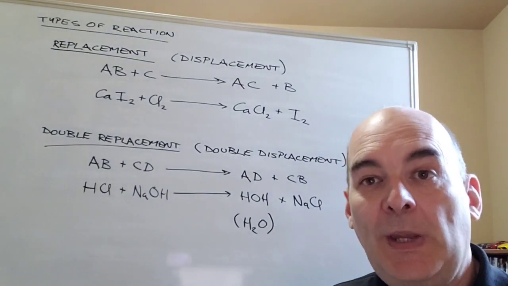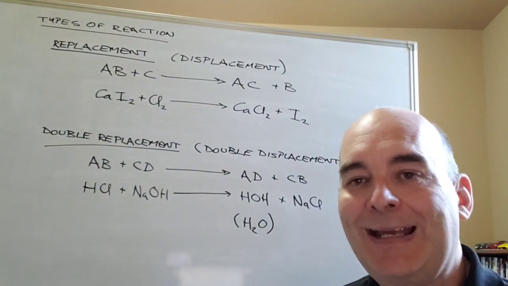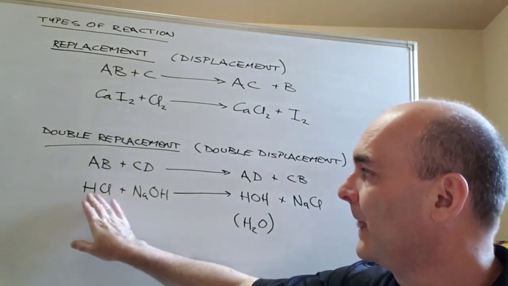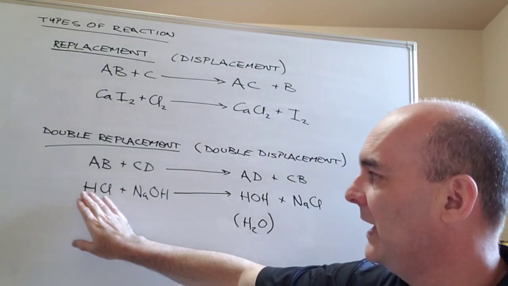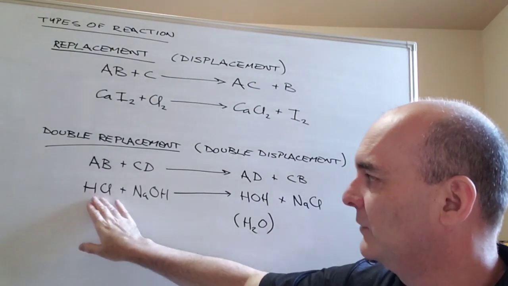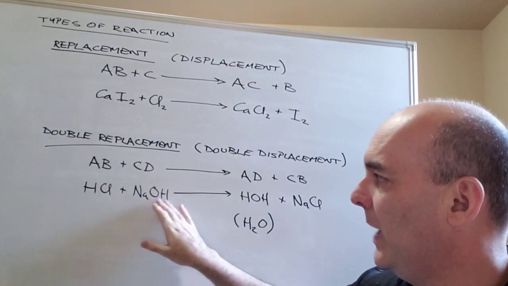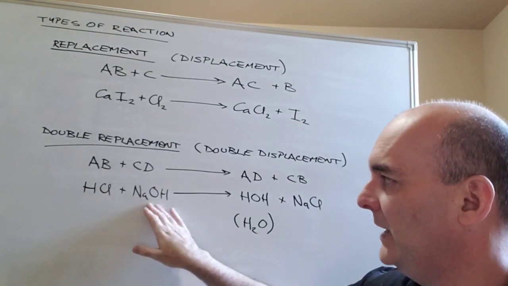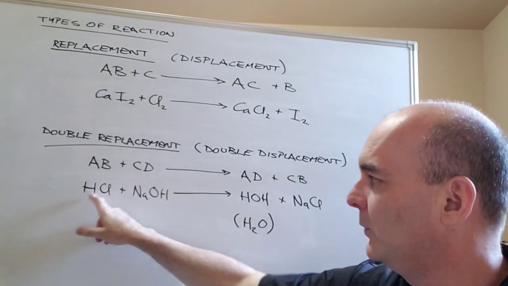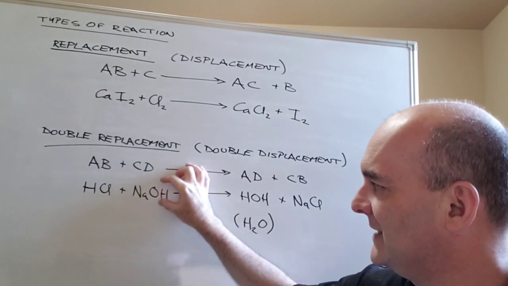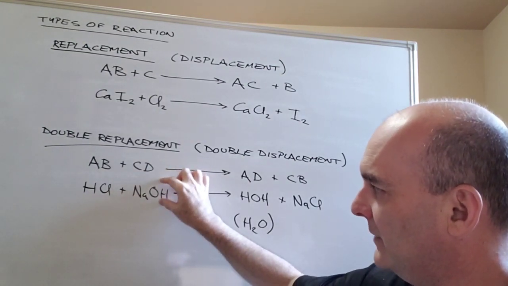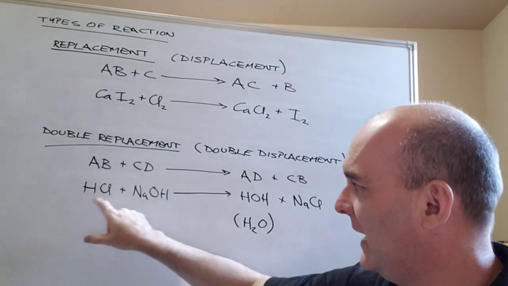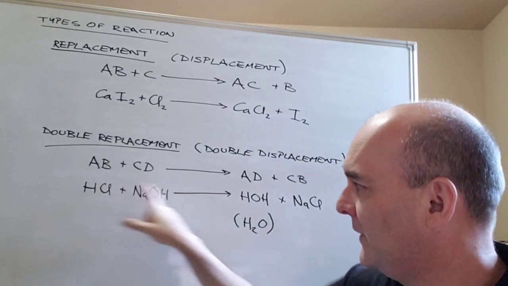This is the basis of all of acid-base chemistry and is going to turn out to be fairly important. So this little molecule here, HCl, is hydrochloric acid, and NaOH is sodium hydroxide. This is an acid and that is a base. And we're going to switch the tail of this compound with the tail of that one, and vice versa.